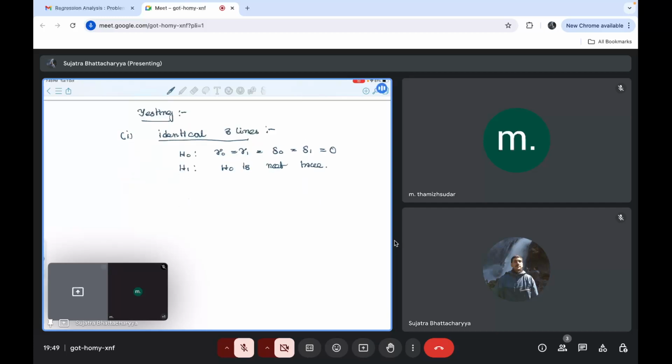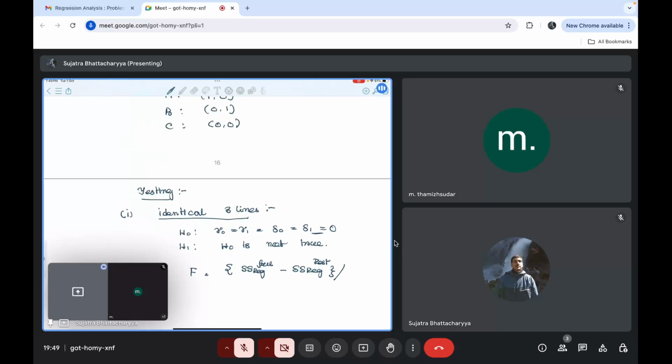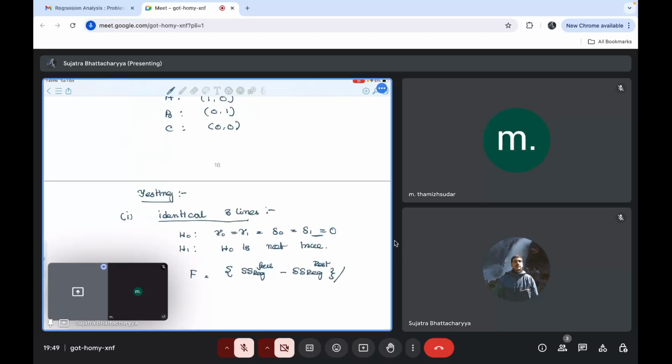Okay. So quickly if I write the F statistic, it will be SS regression for the full model minus SS regression for the restricted model, divided by how many degrees of freedom. See, in the restricted model, there are two unknown parameters because these are all zero.